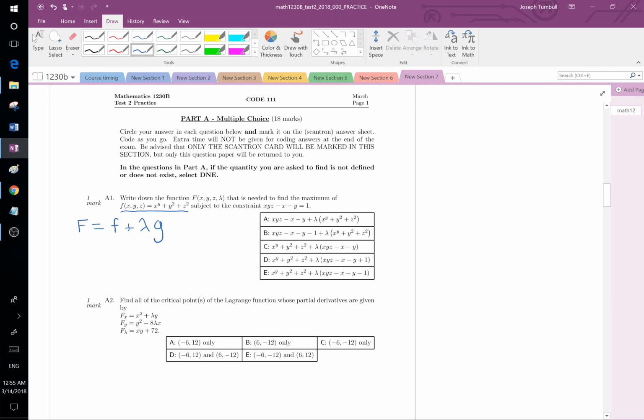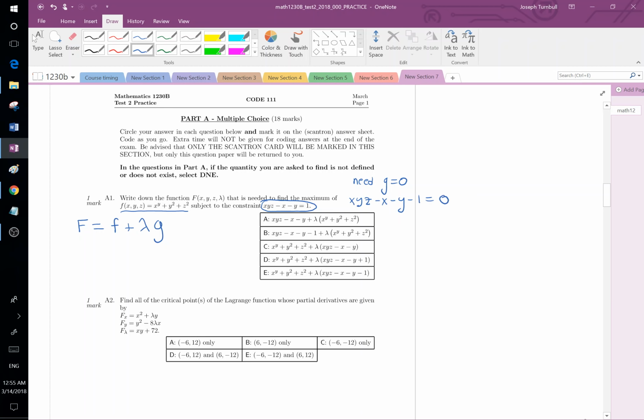In order to pose the constraint in a way that is compatible with this equation, we have to take our constraint and write it as being equal to 0. So we need g equal to 0. So we're going to have xyz minus x minus y minus 1 equals 0.